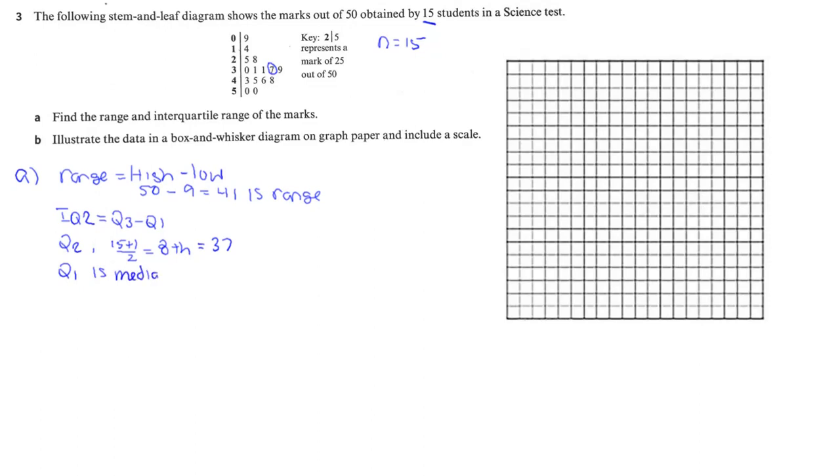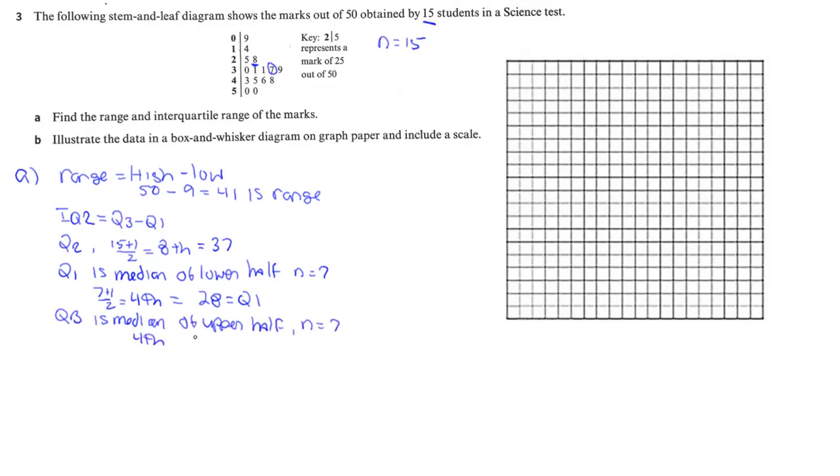And now I can look for my median of the lower half, which is going to be out of these lower 7 pieces, so that's going to be the 4th piece, which is 28. That's Q1. And then I'm going to go up here for the top 7. I look for the 4th piece of that data, and that's going to be, let's see, 46. Now to find the interquartile range, all I do is subtract them, and I find out that it's 18.